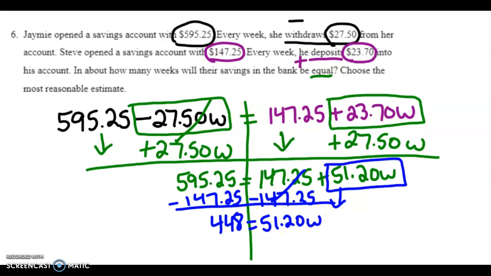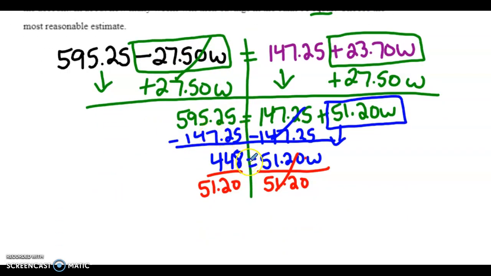And then I'm still trying to get the W by itself. Right now we have 51.20 times W, so the opposite would be to divide. Division is usually your last step of an equation. I don't know if you've noticed that or not yet, but let's see, there we go. So I'm going to scroll down a little bit, W equals, and I'm just going to divide this in my calculator. And I get 8.75 weeks.